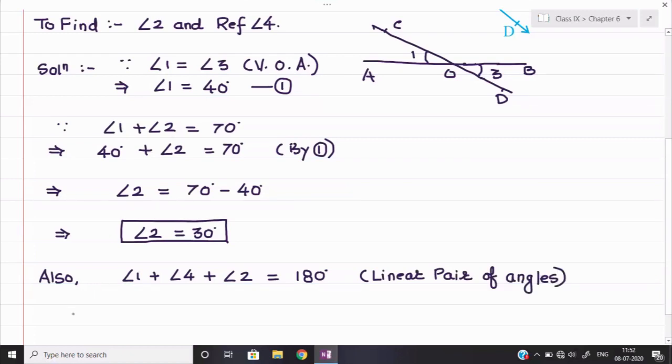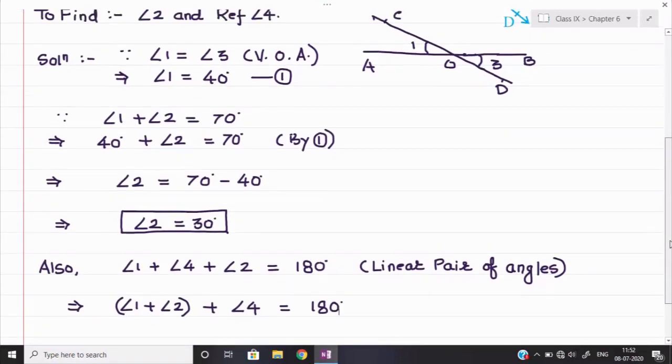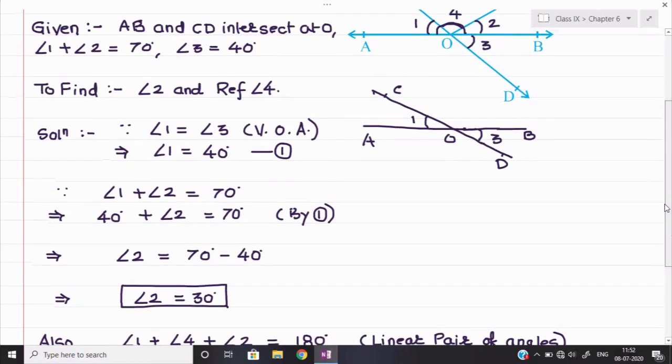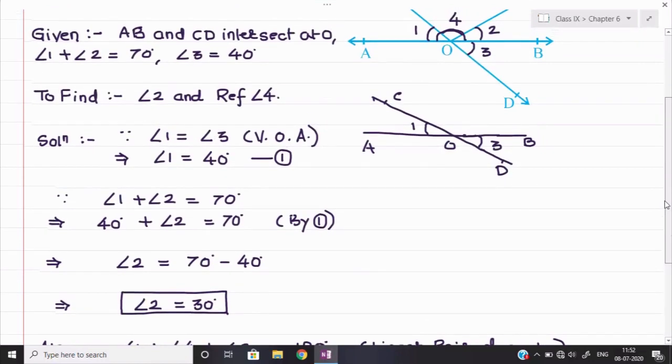Now further, angle 1 and angle 2 I will form a group, means I will keep them in one bracket, and angle 4 I will keep aside, equal to 180 degree. Now see here, 1 plus 2 value we have how much? 1 plus 2 is equal to 70 degree, look at the given, right?